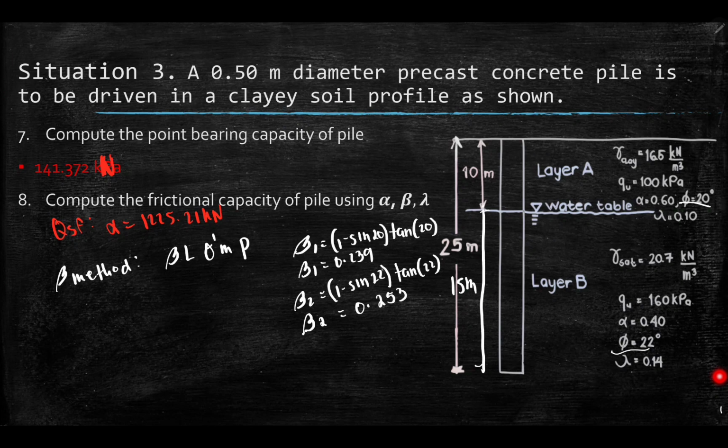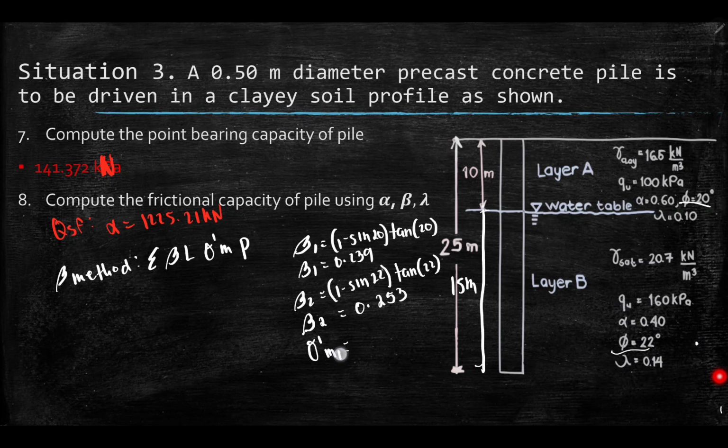Okay? So, now we can solve for the frictional capacity using beta method. May kulang ba? We also have to solve for the sigma prime m. So, ano nga ba yung sigma prime m ulit? Sigma prime m is the effective stress at the middle of the clay layer. Therefore, isosolve natin yung effective stress sa gitna lang ng ating mga layer.